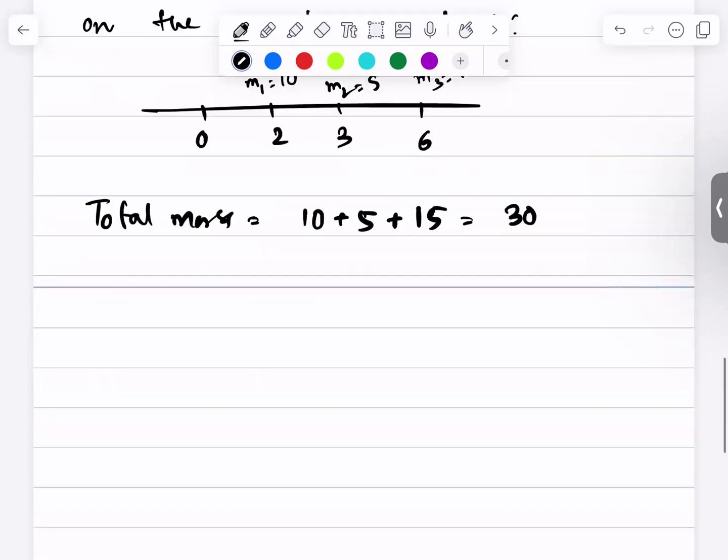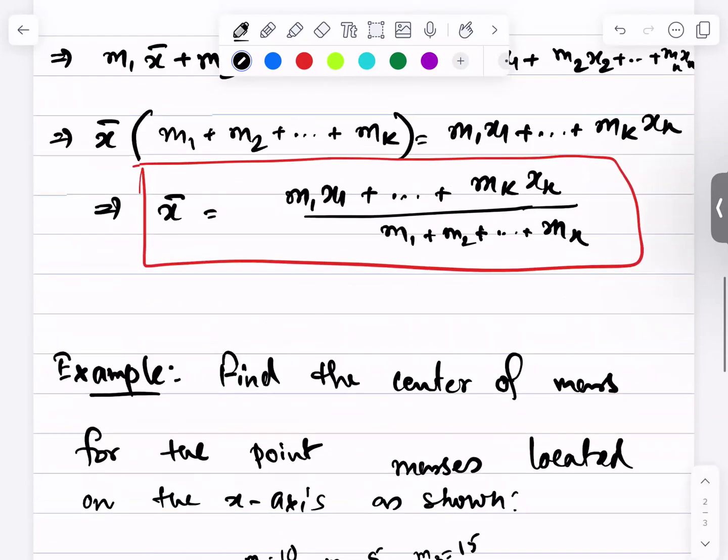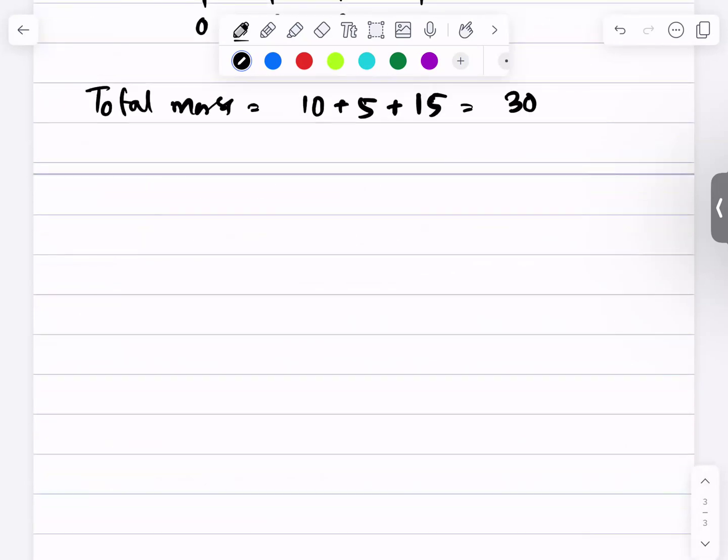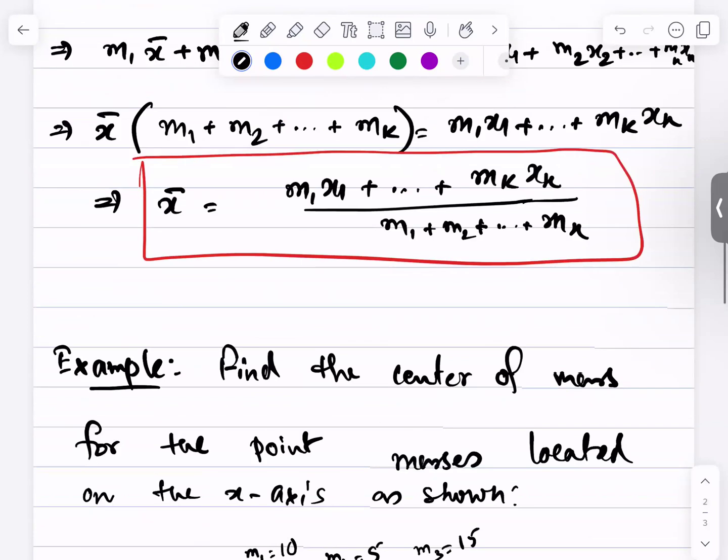And if I consider moments, this quantity is called moments. m1 x1 plus m2 x2 plus so on, mk xk is called moments.